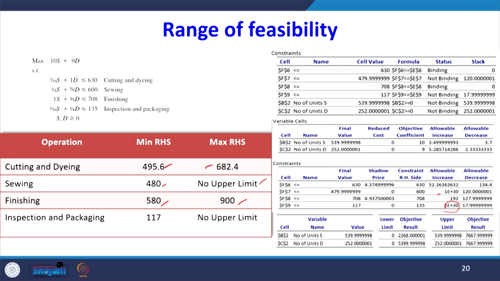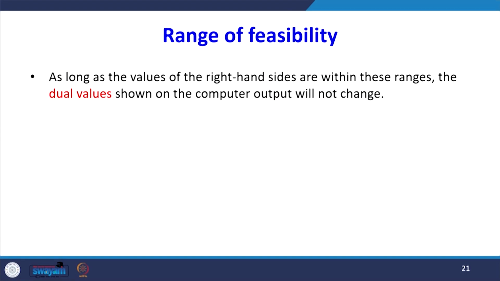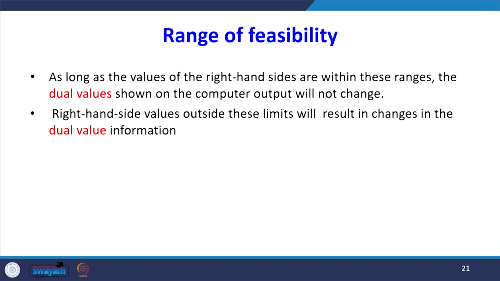So, this much amount the right hand side can be increased or decreased without affecting the dual value. That is nothing but your range of feasibility. As long as the right hand side values are within these ranges, the dual value shown on the computer output will not change. Right hand side values outside these limits will result in a change in the dual value information.